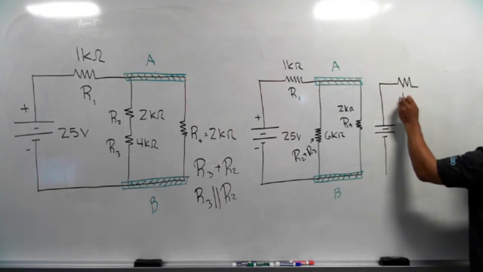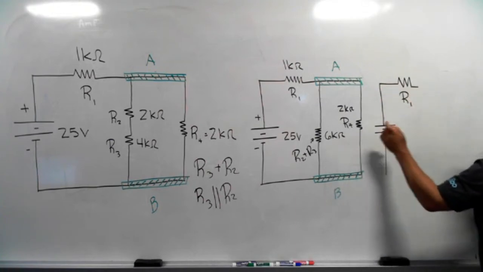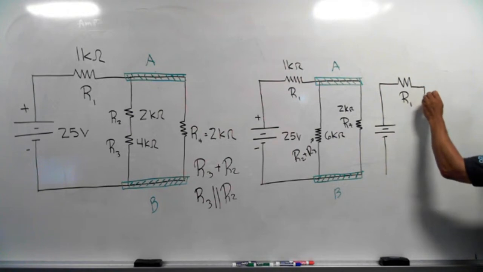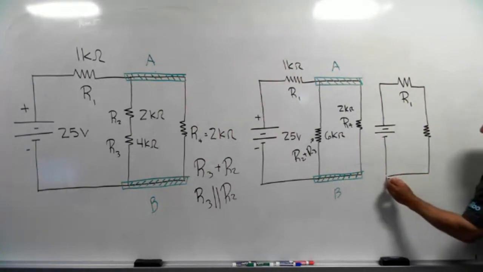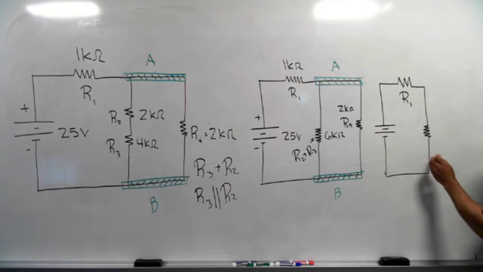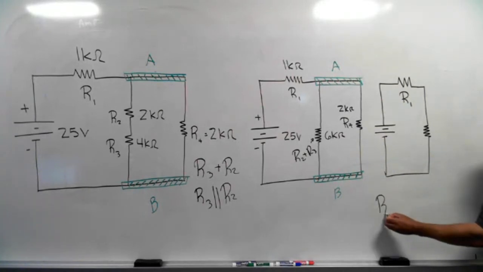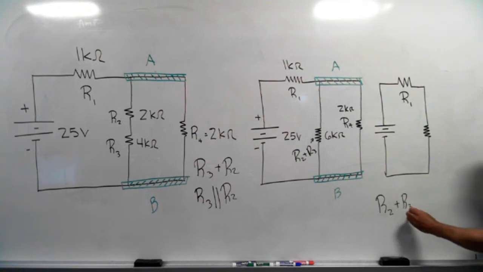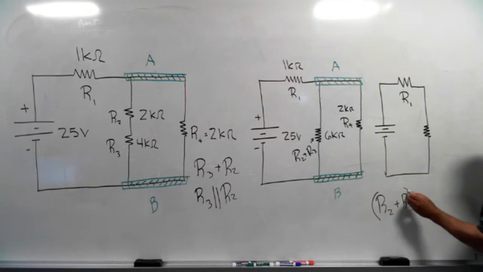Okay, so here's R1. Now what I'm going to do is combine these two. And I'll write it down here. This will be R2 plus R3. Since that makes up one resistor, I'm going to put that in parentheses.